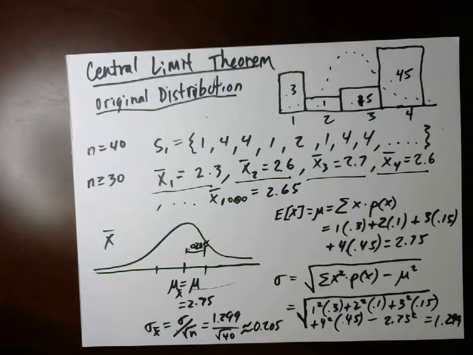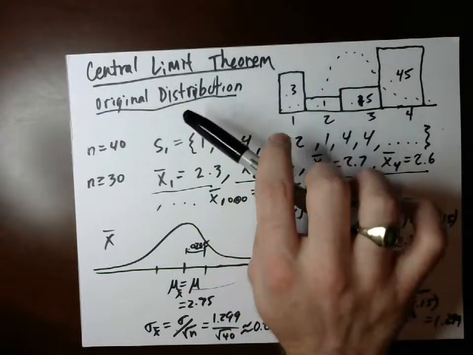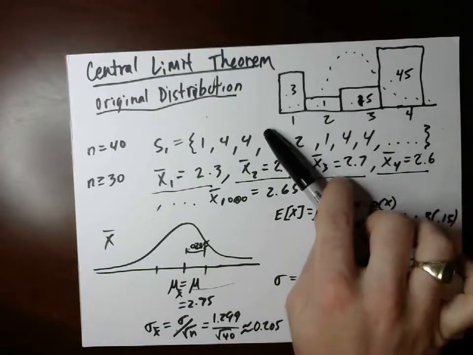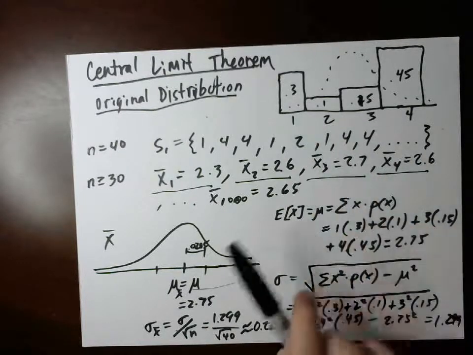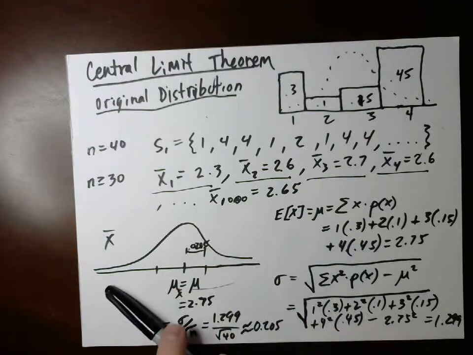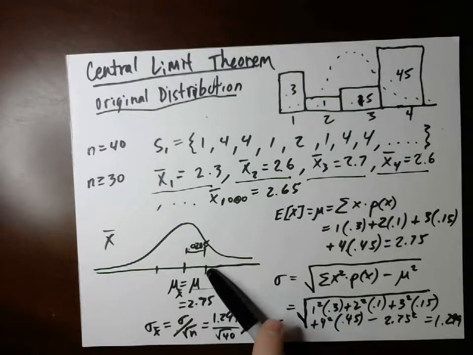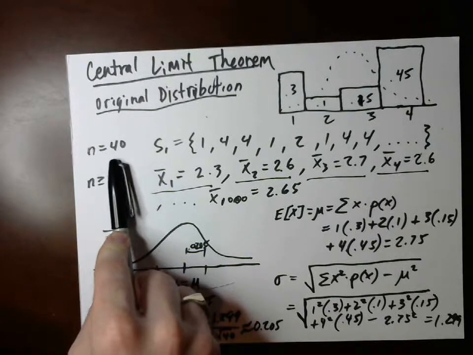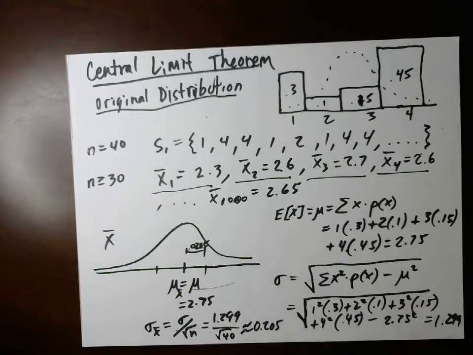And the idea of the central limit theorem, if you look in your text, says regardless of the shape of the underlying population, in this case I'm calling it the original distribution, so it doesn't matter what shape it is, the sampling distribution of x bar becomes approximately normal as the sample size n increases. And the way that we judge if it's a large enough n is n greater than or equal to 30. In this case, 40. So it's sufficiently large, and we know it's normally distributed.